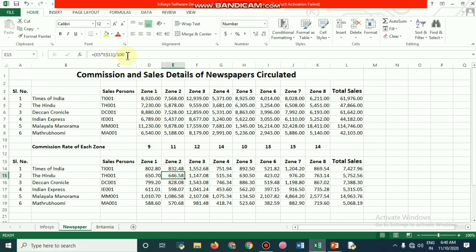Okay, look here. Now it is $11. The row number 11 doesn't change, but D, E, F, etc. change. Here when you drag it down, what happened? Even though the formula gets copied, certain other things don't change.